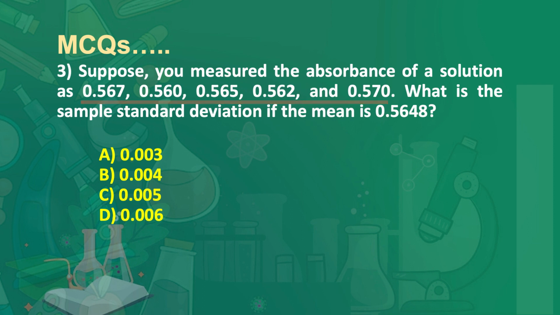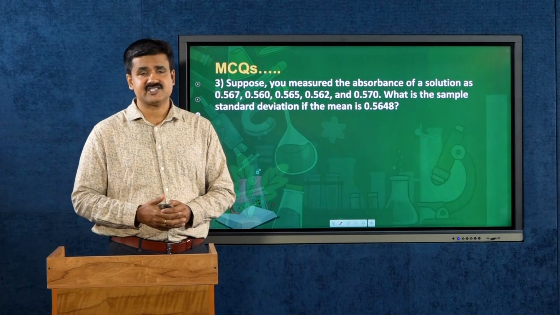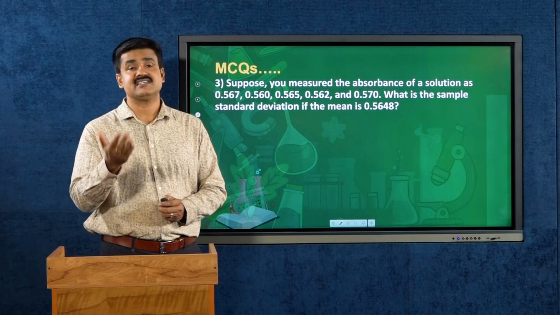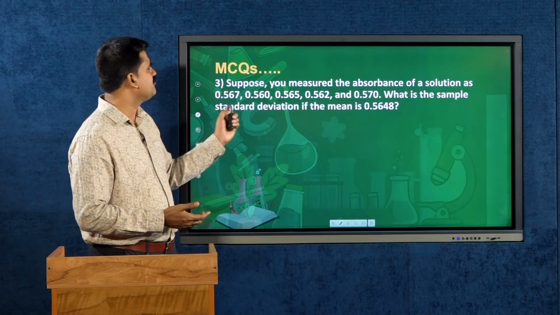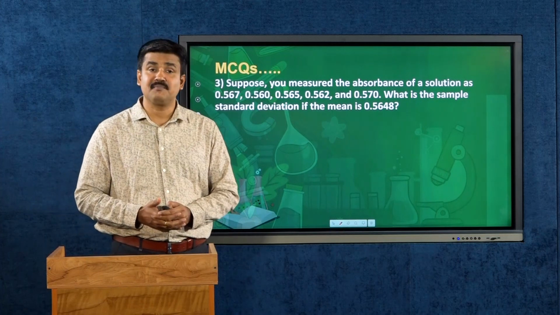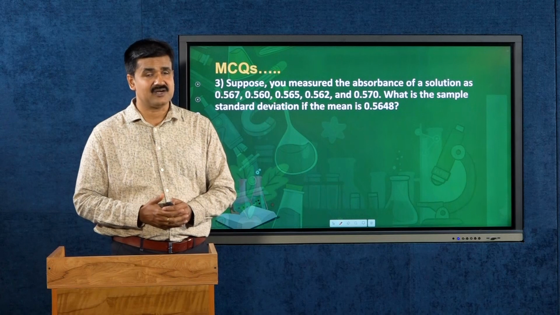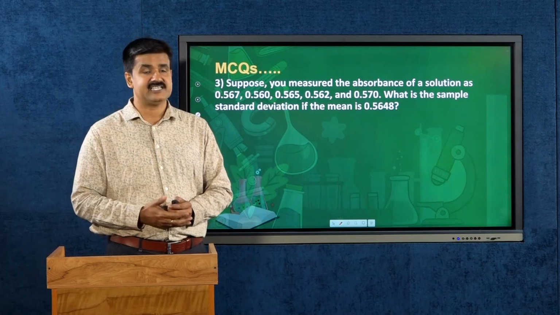What is the sample standard deviation if the mean of this set of data is 0.5648? So, this problem is to calculate the standard deviation. The mean value of the data is also provided. You have 5 sets of data here, and you have to calculate the sample standard deviation. So, the denominator must be n minus 1. We are taking the sample standard deviation.